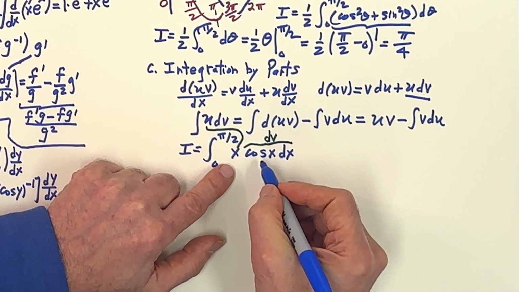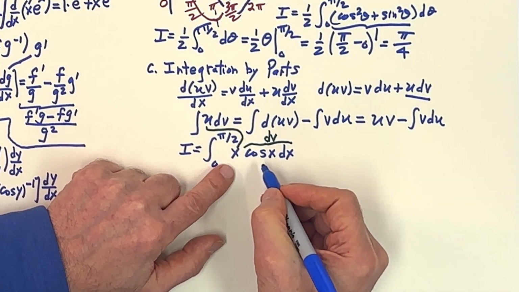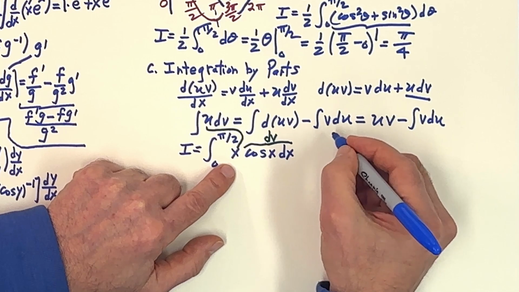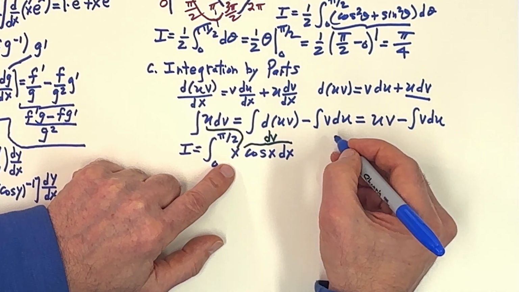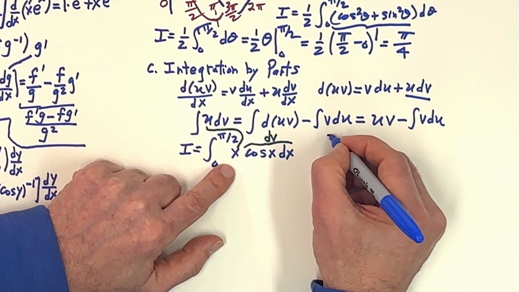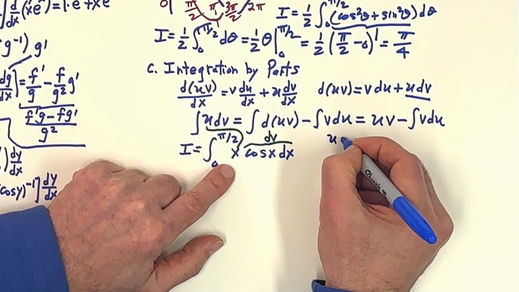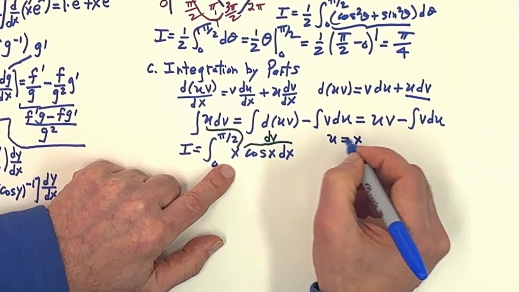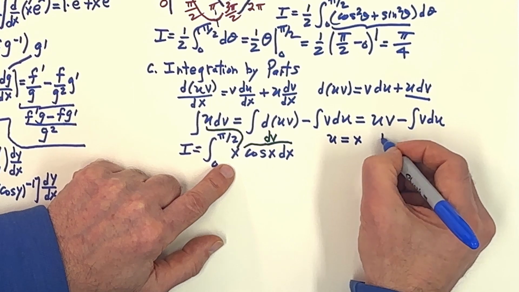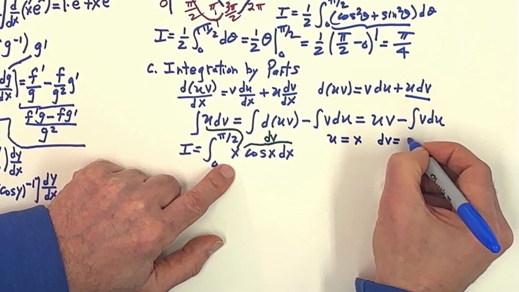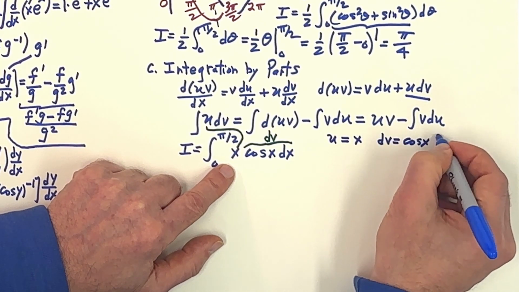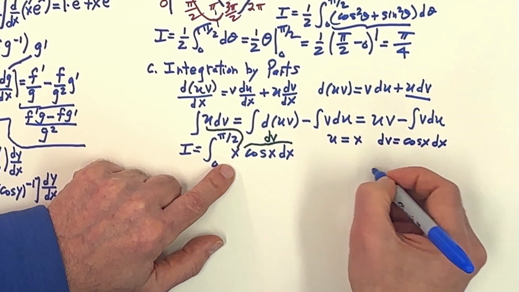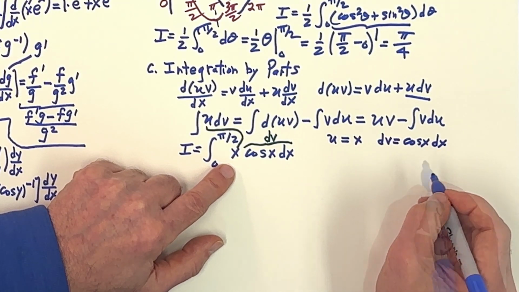So we're going to try this first, and if we do this, then I like to make a little assignment here where I write these out, like say u equal to x, and then dv equals cosine of x dx. So I like to write out a little group of 4 things here.